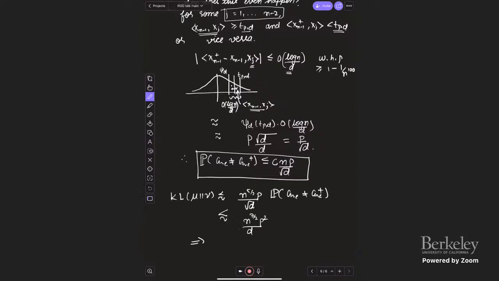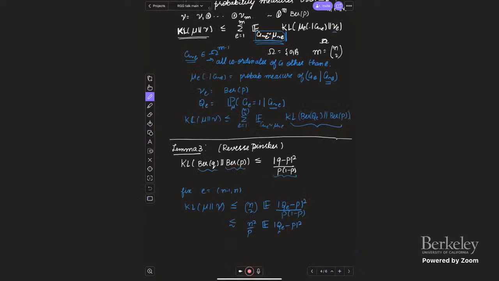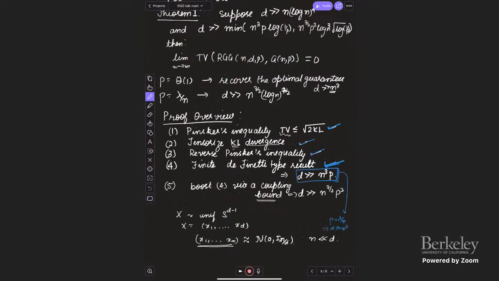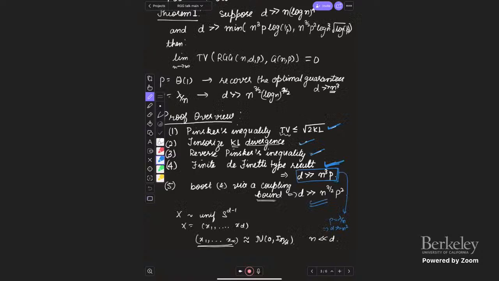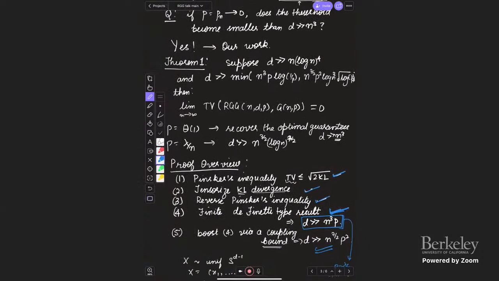This implies that when d is larger than or equal to n to the 7/2 p squared, we get convergence, which is what we set out to prove. And this proves our Theorem 1.